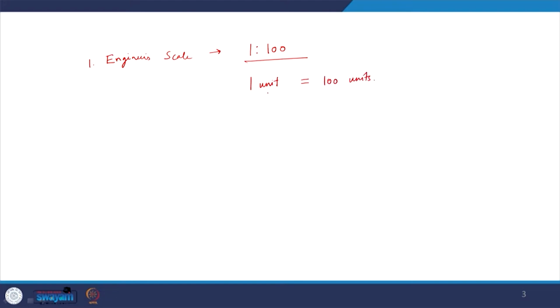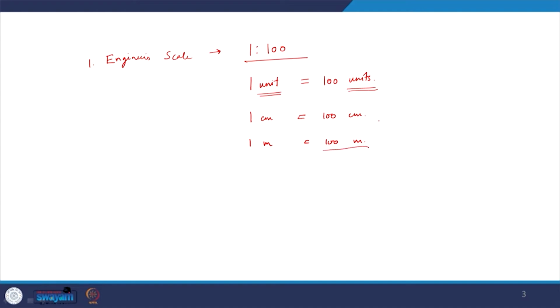So, it implies that 1 unit is equal to 100 units. I do not write what unit it is, it will depend upon what unit you are going to use. So, 1 centimeter is equal to 100 centimeters, 1 meter is equal to 100 meters, anything. So, any unit you pick up here will be equal to 100 units of the same object in reality.